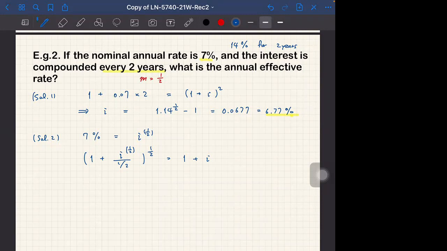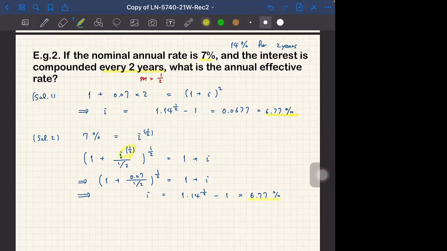And this is 7%, so 1 plus 7% divided by 1/2, which becomes 14%, to the 1/2 power is equal to 1 plus i. So i is equal to the square root of 1.14 minus 1. So again, we have the same answer, 6.77%. This is a little bit counterintuitive, but still, if we use the symbol i superscript 1/2, then we can get the same answer.